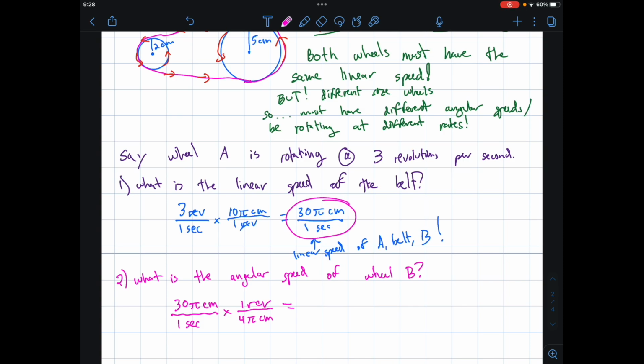We're doing 30 pi centimeters per 1 second, and every 1 revolution accounts for 4 pi centimeters. Putting this all together, we end up with 30 over 4, and I'm going to use a decimal: 7.5 revolutions every 1 second. So in terms of angular speed, if we express it in revolutions, we get 7.5 revolutions per second, and that's a good enough way to express it.